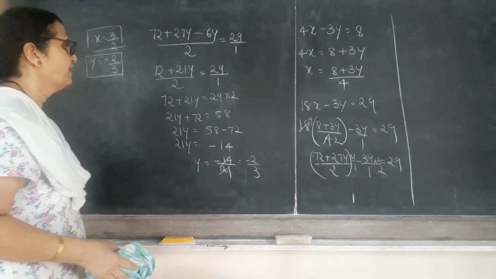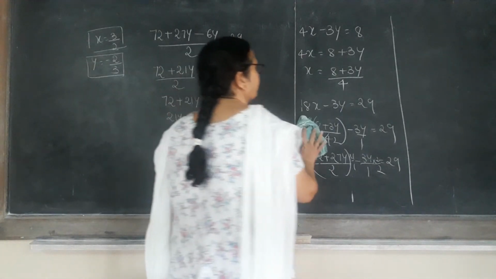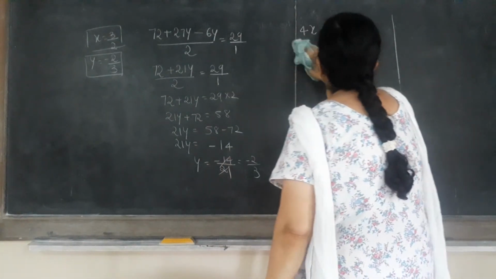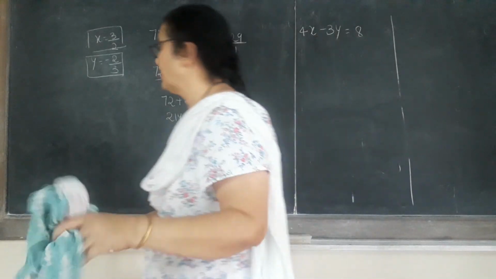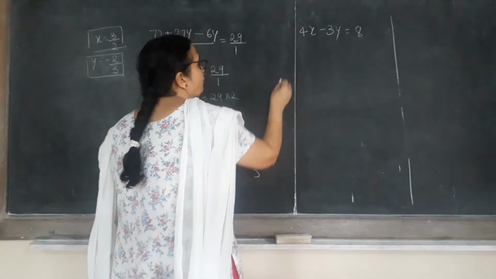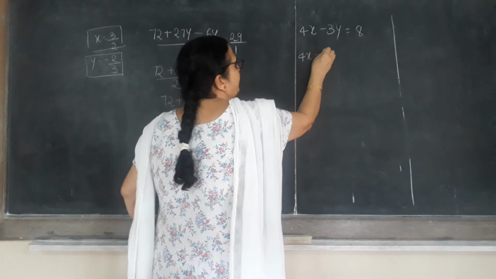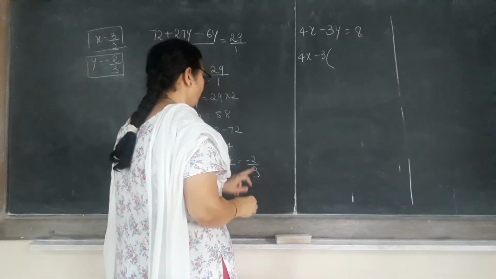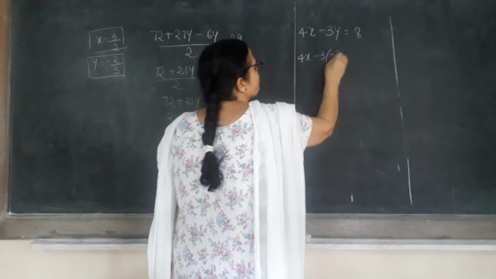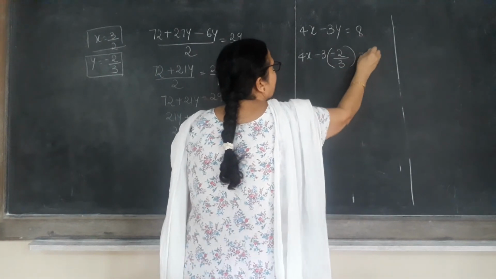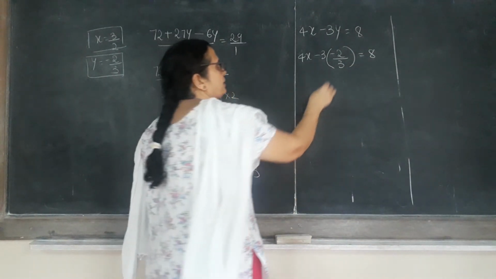Then we can find the value of x by taking the same equation. 4x minus 3y is 8. 4x minus 3 into y value. What is y? Minus 2 upon 3 is equal to 8.